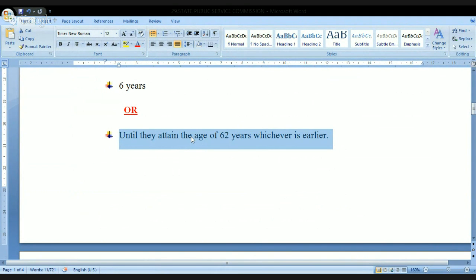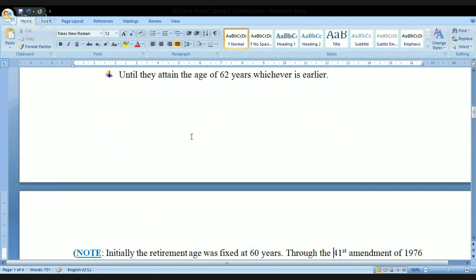Remember this: either the term will be 6 years or till they attain the age of 62 years, whichever is earlier. Yesterday, I told you along with an example, so now there is no point in explaining again. If you still have any doubt, kindly go back to the UPSC video and watch that video again.